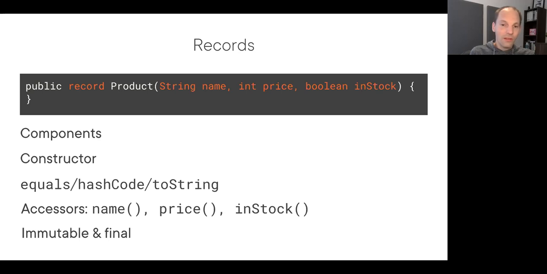But that's definitely good to know, because you can also view this as somewhat of a restriction. Furthermore, a record definition is always final. It cannot be extended. And also a record itself cannot extend another class or another record. You can implement interfaces with records, but you cannot create hierarchies of them.